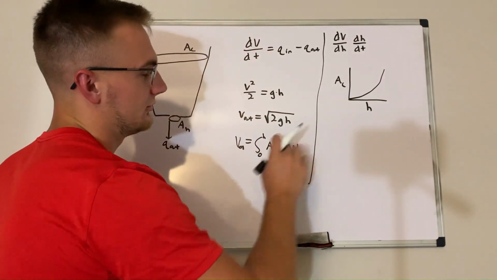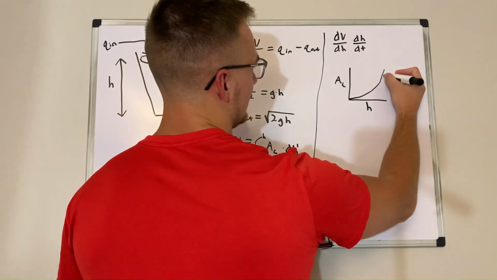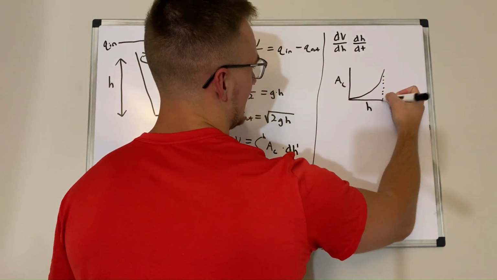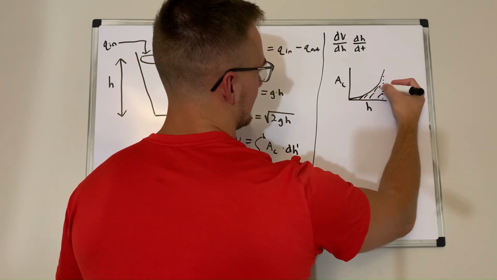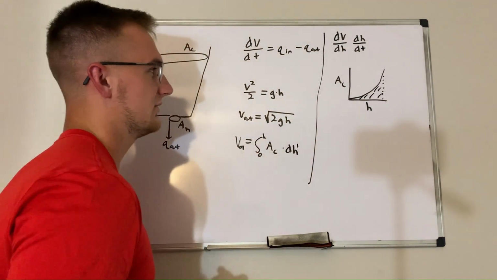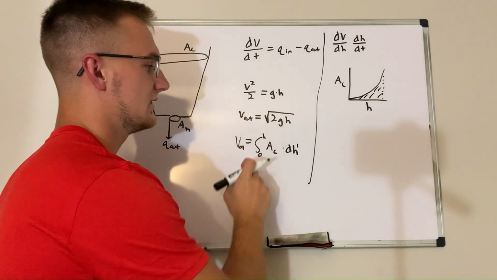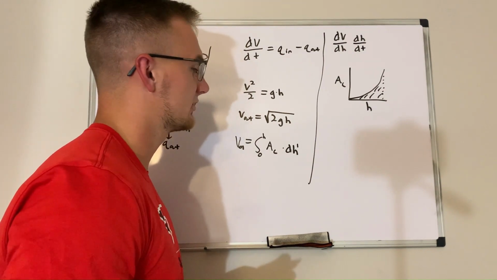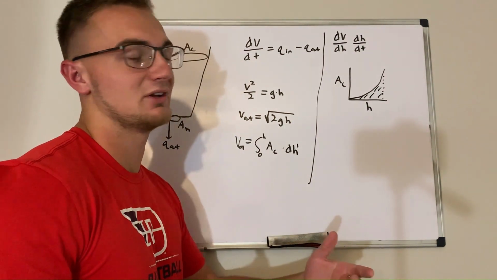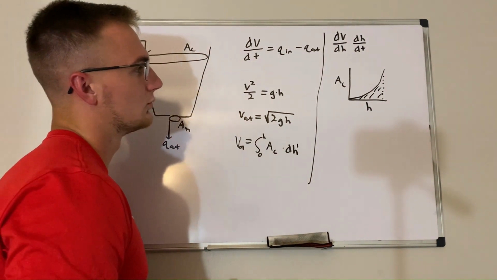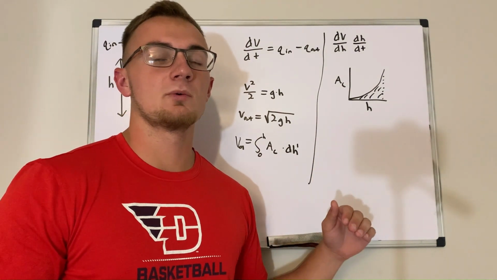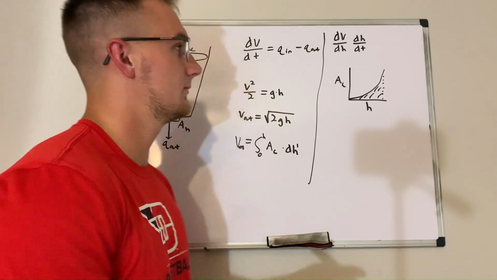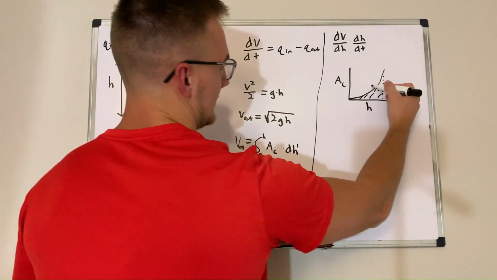What we can also do as we look at this plot is, say we were at some height over here, look at this area under the curve. We know that this is the volume, because it's the integral of the cross-sectional area times the differential change in height. So what is the differential change in volume with respect to height? Well, it's the cross-sectional area right here.